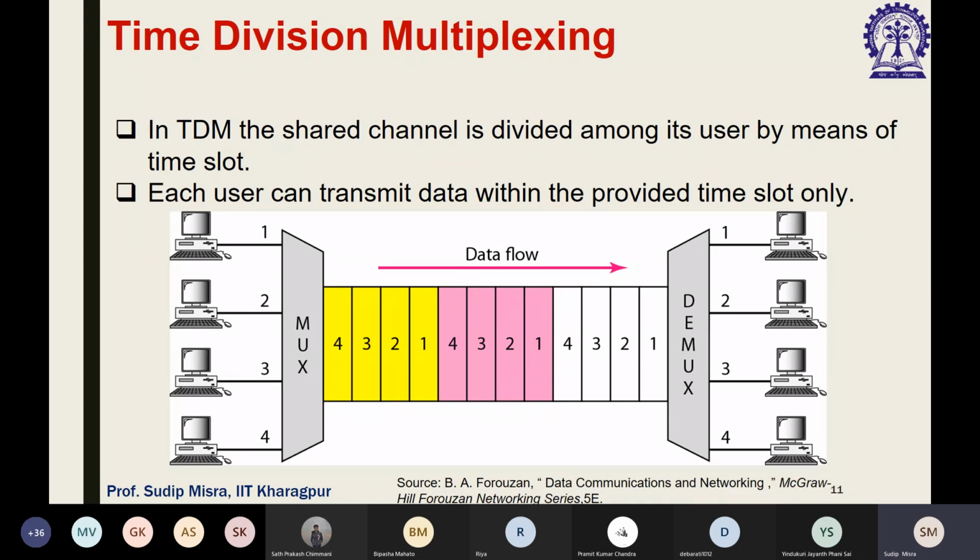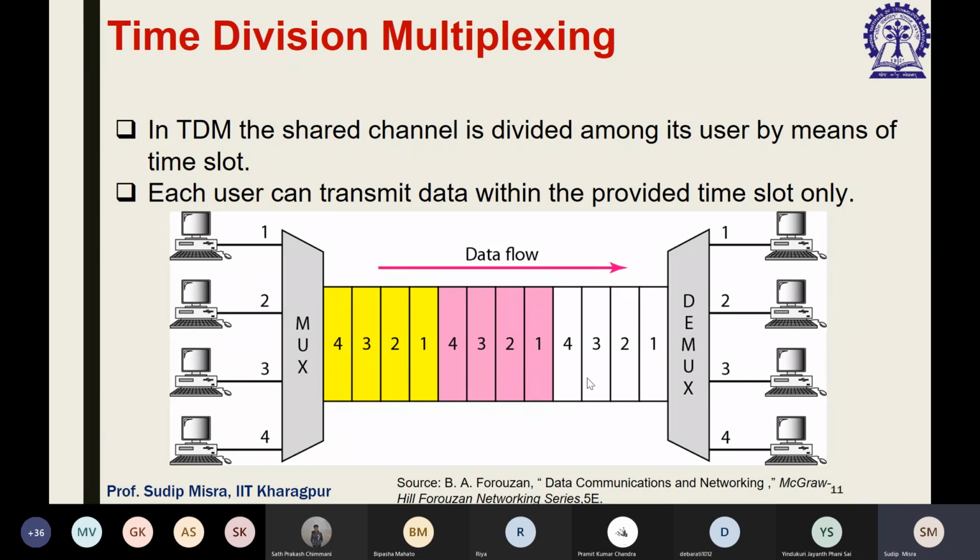Let us say we have 1, 2, 3, and 4 users. Their data are going to be multiplexed with the time division multiplexing technique. You split the time domain into different slots, assign each of the input links to different slots, and rotate this technique.